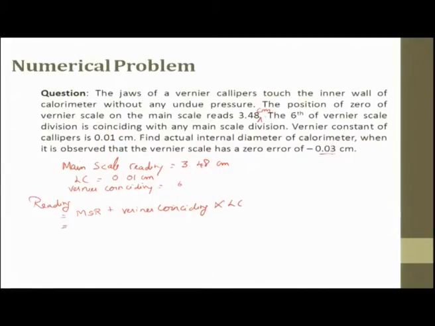So, this is nothing but 3.48 plus 6 into 0.01, which is nothing but 3.54 centimeter.